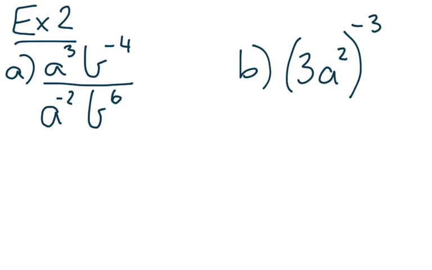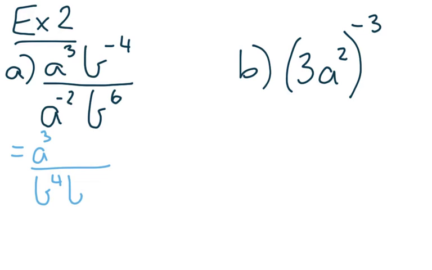So our second example is one that involves letters now. So basically for the first one, you'll see that there's a negative power on the top and on the bottom. So the first thing you do is move the powers. Okay, so we would leave the a cubed where it is because that's not negative. It doesn't need to go anywhere. But the b to the power of 4 needs to go to the bottom.